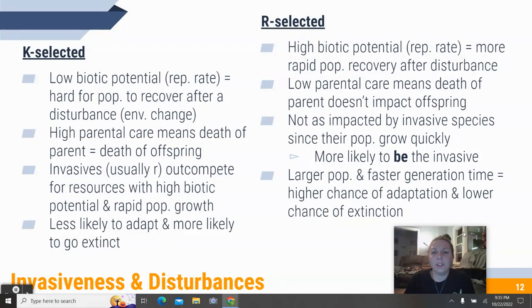The R selected, though, they're not really impacted by invasive species because they are usually the invasive species themselves because their population can grow so quickly. And so that makes our K selected less likely to adapt and more likely to go extinct, and our R selected less likely to go extinct and have a higher chance of adaptation because they have a larger population and they have a much faster generation time.